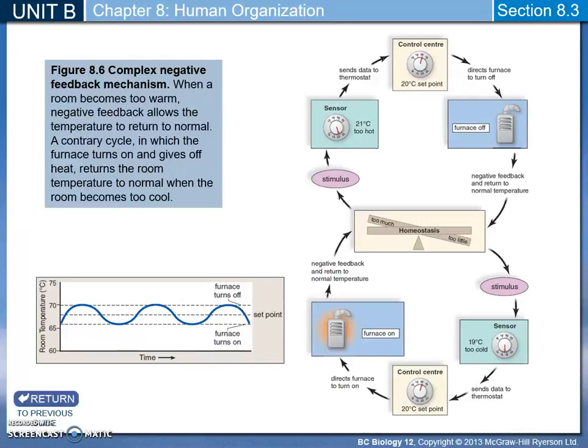And so the graph that's there is actually quite accurate, because this is how the temperature in a room would be tracked, where if the temperature gets below a certain point, then the furnace will need to turn on, and then usually the furnace will stay on until the temperature is a certain degree above the set point before it turns back off again.